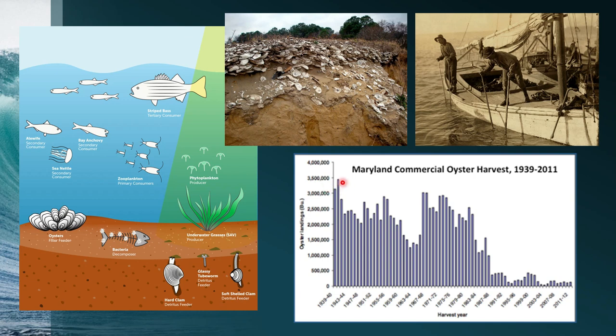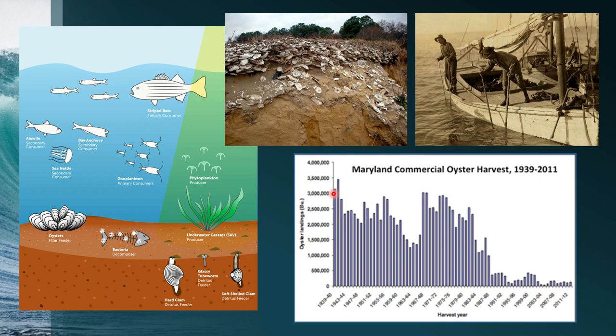And you can see this is a graph from 1939 to relatively recent, 2012. And this is the number of oysters that were landed. In other words, the number of oysters that were caught just in Maryland. So this is just part of, just one of the states that is part of the Chesapeake Bay. And you can see back in the 1930s and 1940s, we had, wow, over 3 million bushels of these.